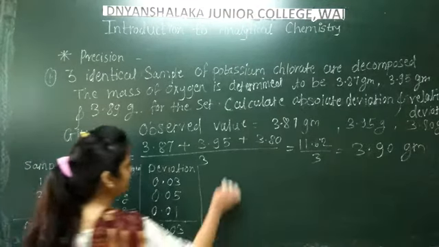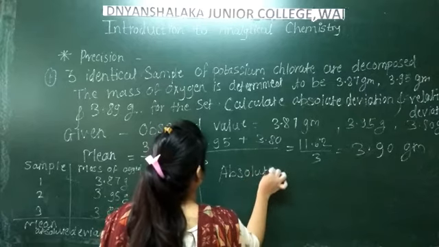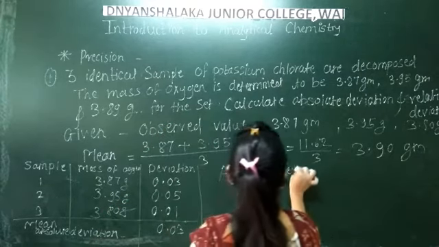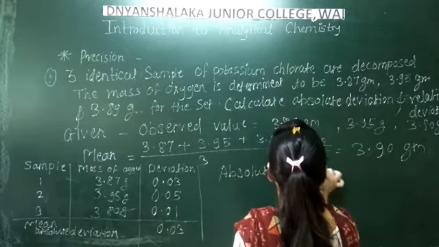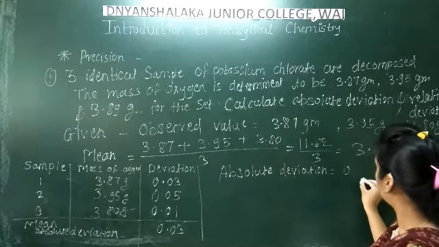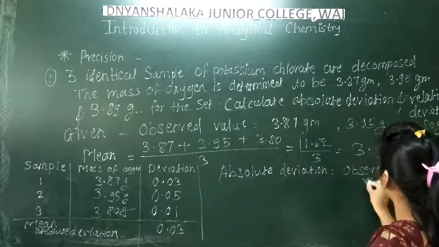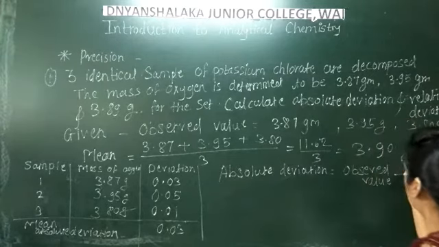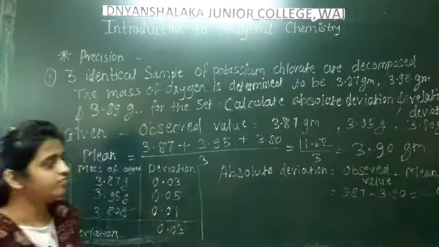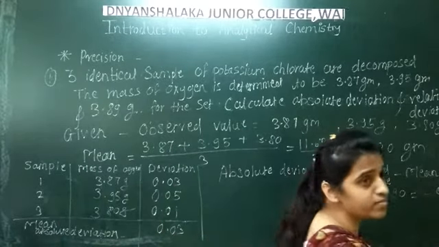Absolute deviation is equal to observed value minus mean.